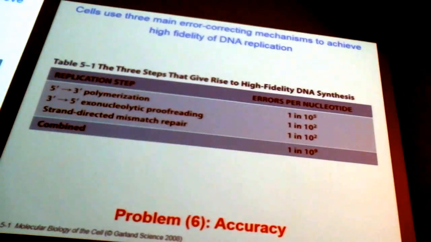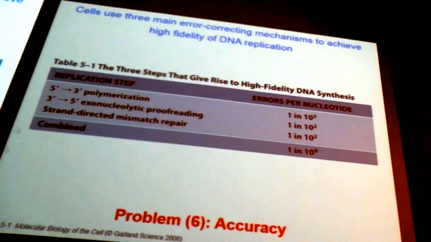So I said already that 1 in 10 to the 5 was the accuracy rate of just 5' to 3' polymerization. There are two other steps that lead to increased accuracy. One is a mechanism called proofreading, where if the polymerase made a mistake, it can autocorrect.